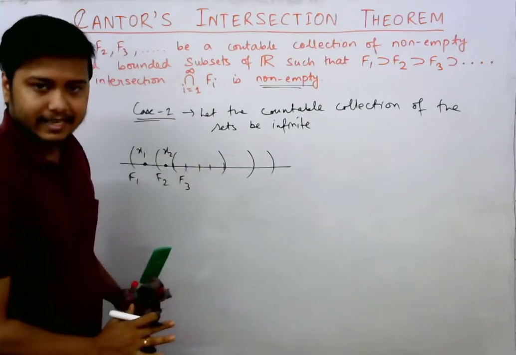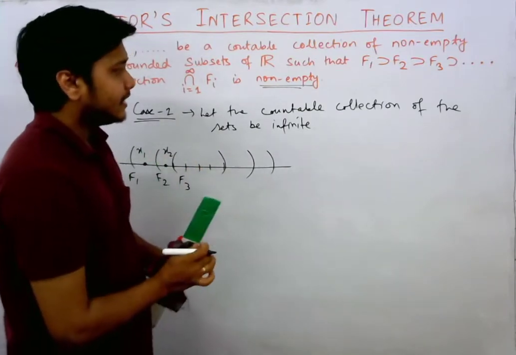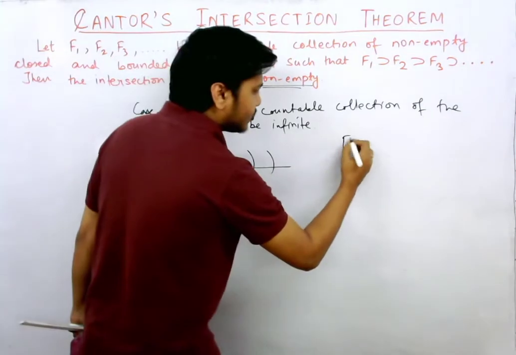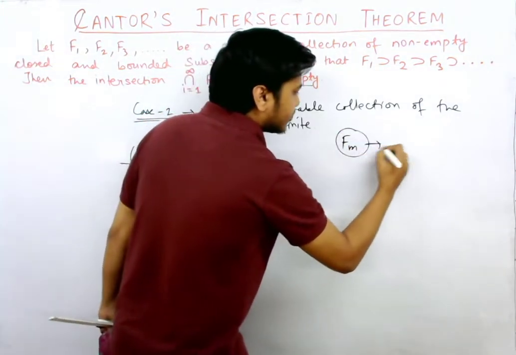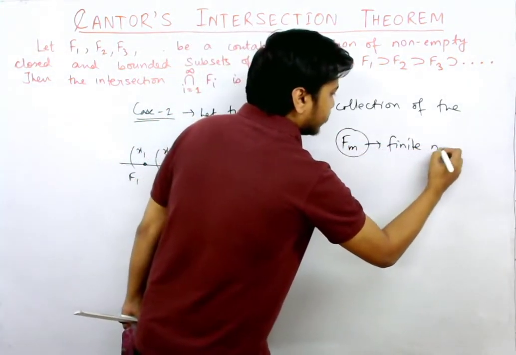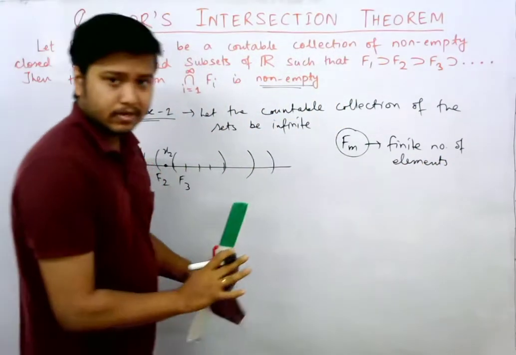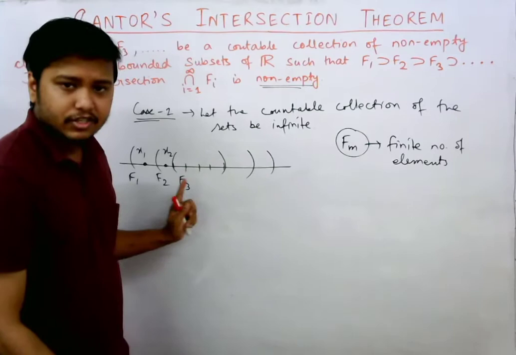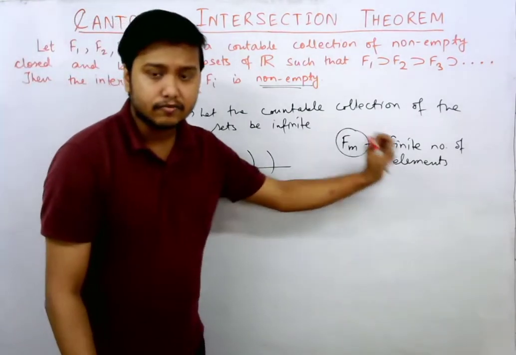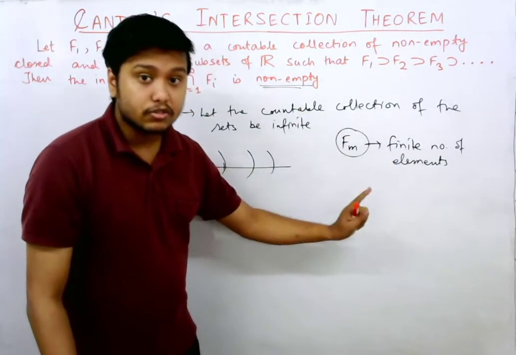I am creating the sets. Now let's say, if possible, that some set in this enumeration, the Fm set, contains a finite number of elements. Now this is not possible.